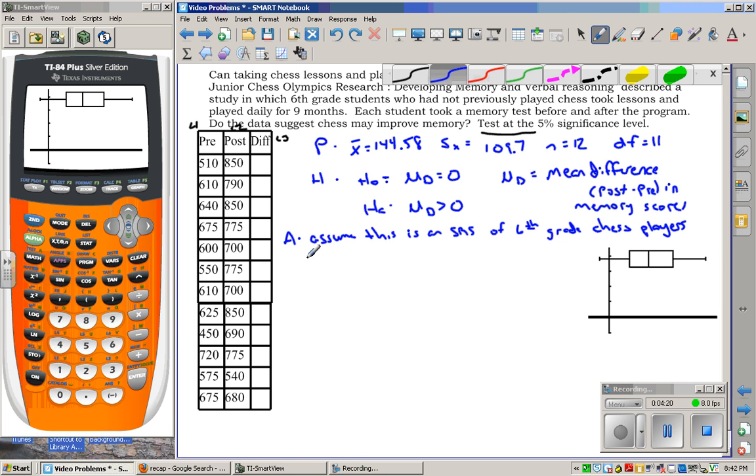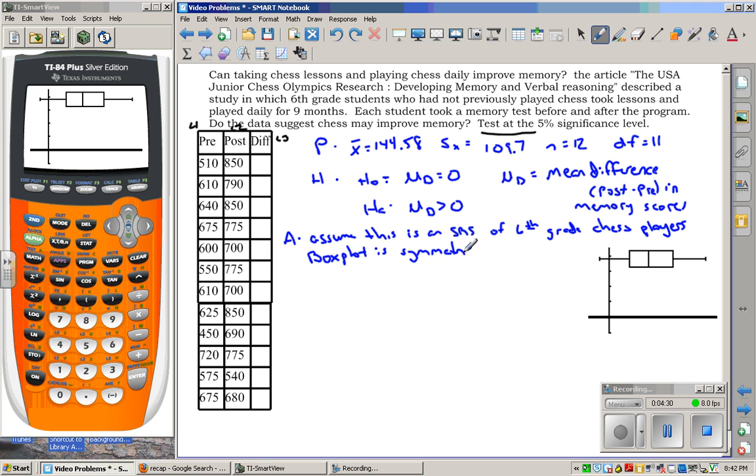So we can say the box plot is symmetric with no outliers.